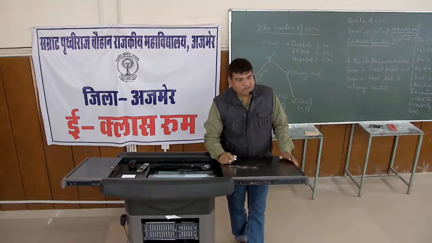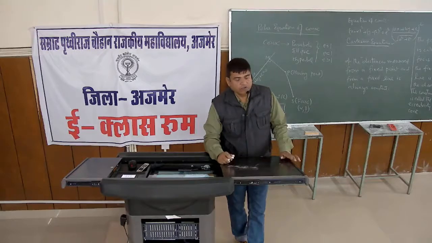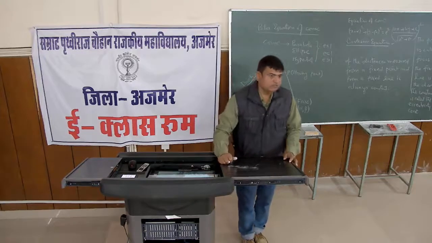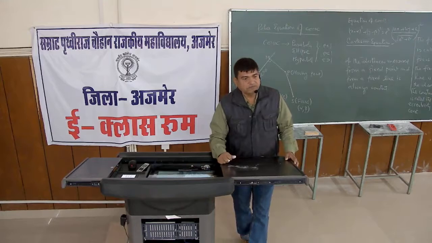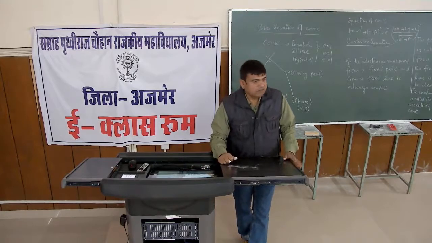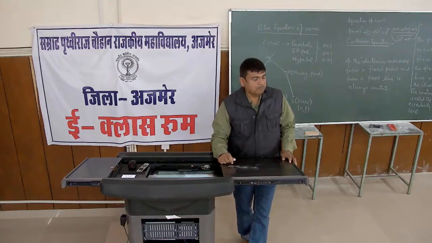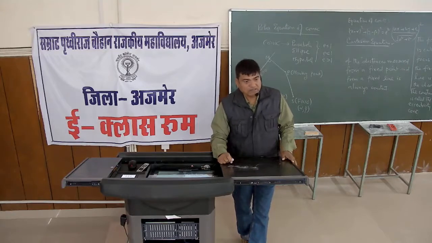We have already done the polar system of coordinates, that means in terms of r comma theta. We have done how to find the distance between 2 points in polar system, the area of triangle in polar system, and the equation of line in polar system.